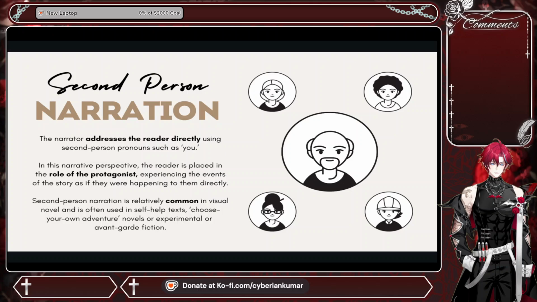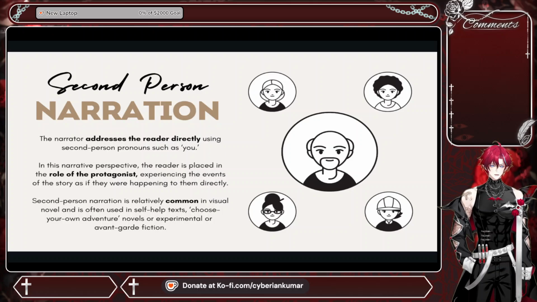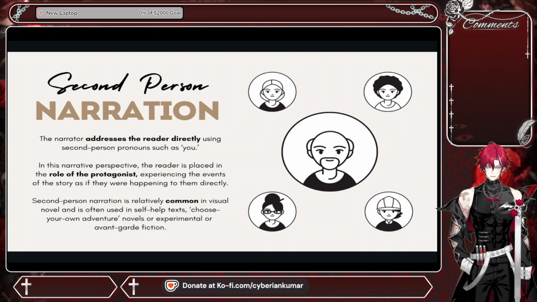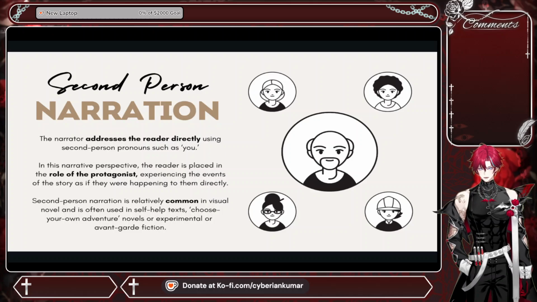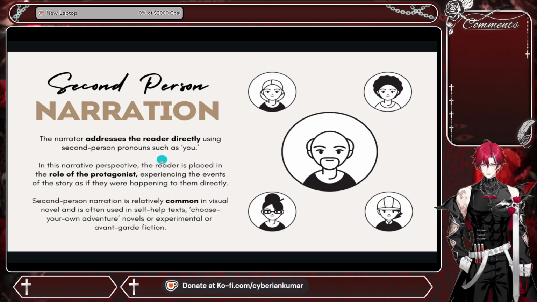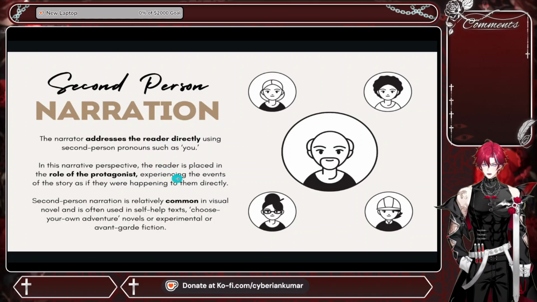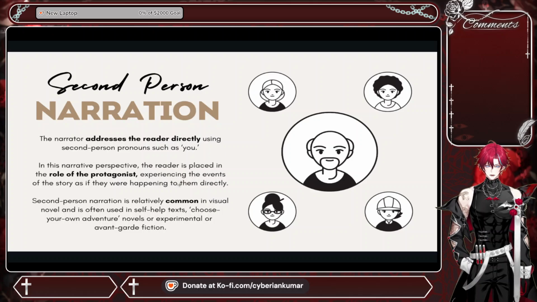Actually, this is more common in visual novels. So what happens is, in this narrative perspective, the reader is placed in the role of a protagonist, right? Experiencing events, whatever is happening in the story, they are experiencing it directly, right?